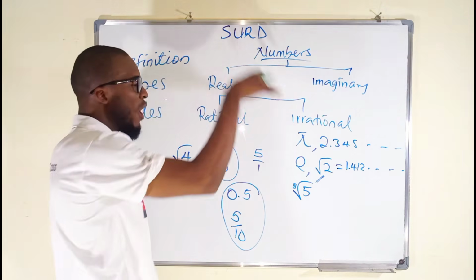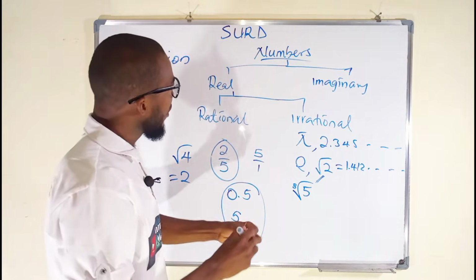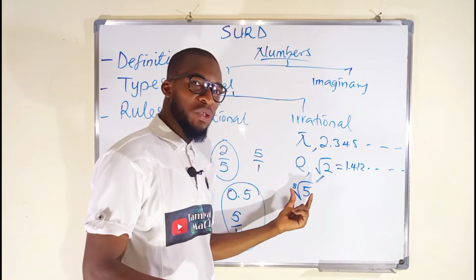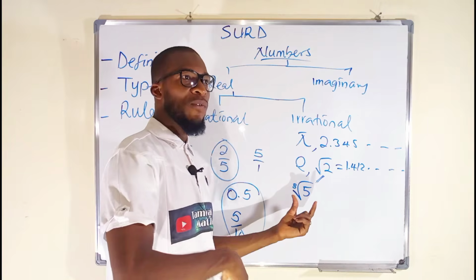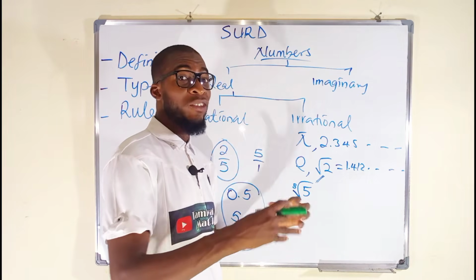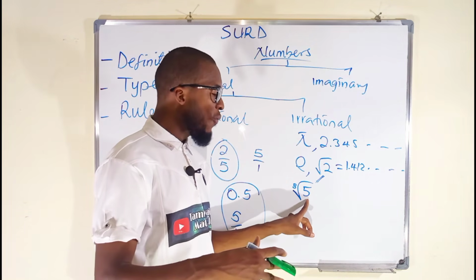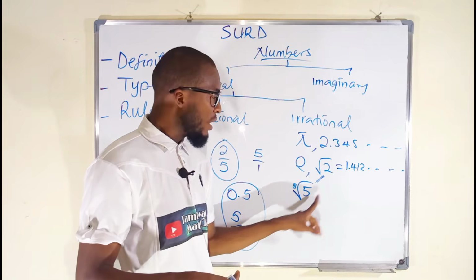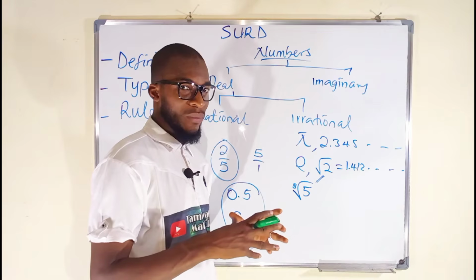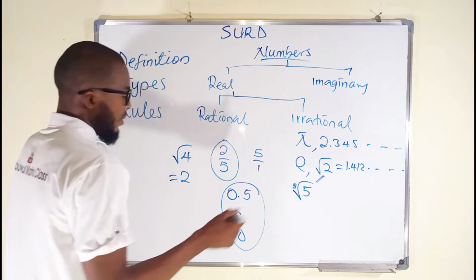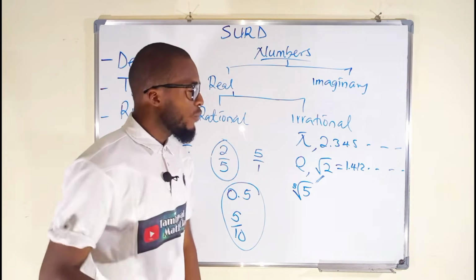So now, can you figure out the definition of SURD here? SURD is just the root. That root can either be square root, cube root, fourth root, in general, nth root of a rational number, and that rational number must be positive. So let me write the definition for you.